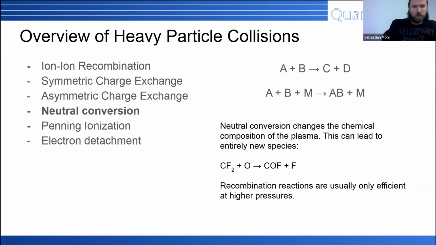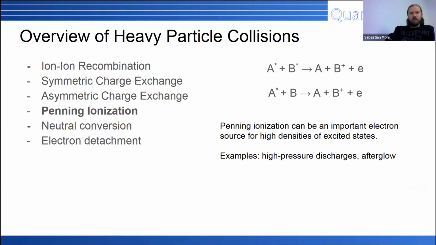These are the four fundamental reactions which are usually significant in every discharge. Then there are some which can only be important under specific circumstances. There's, for example, Penning ionization, which means the ionization by excited states, either between two different excited states, or, if the excitation energy of the excited state is large enough, also of ground state neutrals.